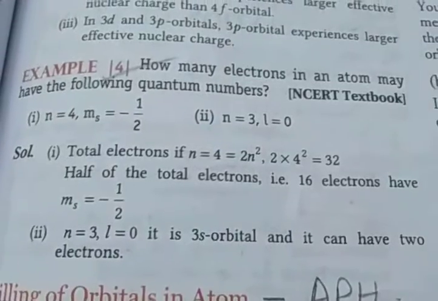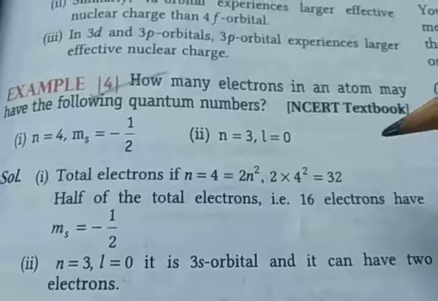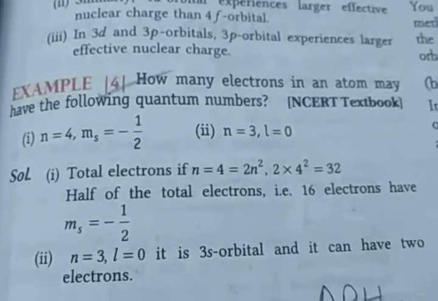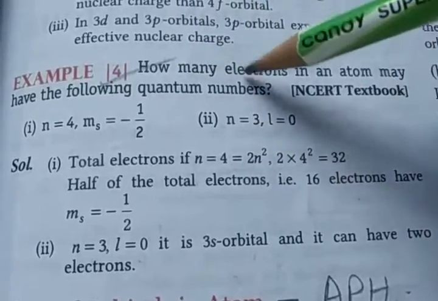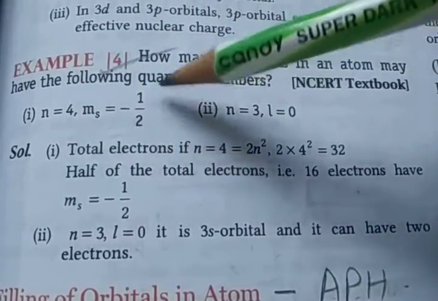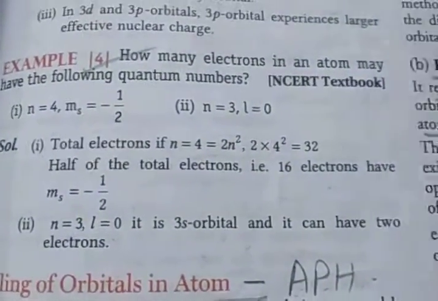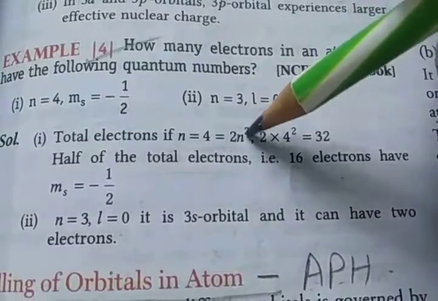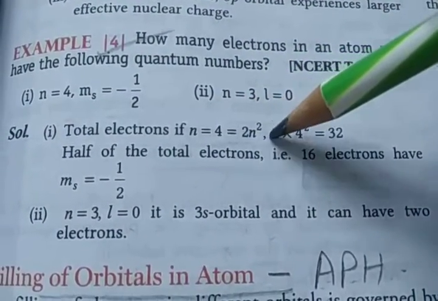Next question is, how many electrons in an atom may have the following quantum numbers? So first is n is equal to 4, ms is equal to -1/2. Here n is given as 4, so we have to find total electrons using the 2n square formula.